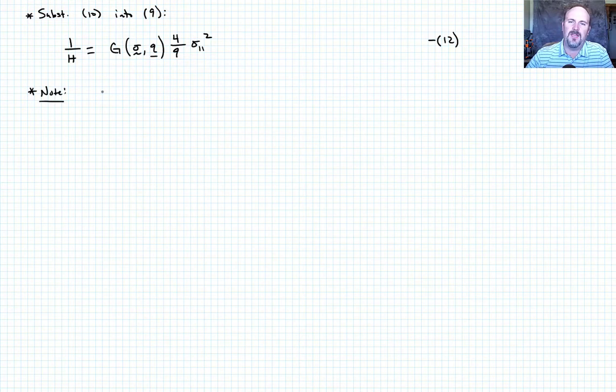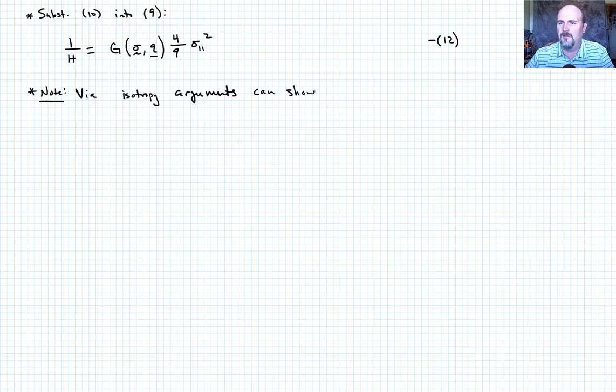So what that means is that via isotropy arguments, we could show that G is really just a function of the internal variables, in this case, Q. So it can't depend on sigma.